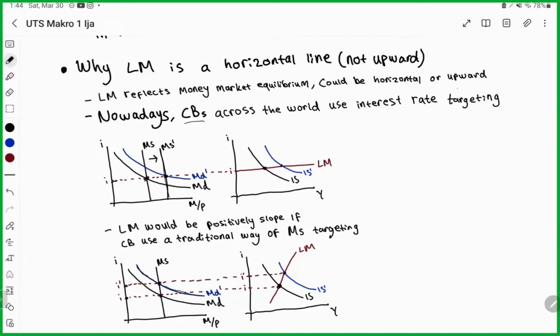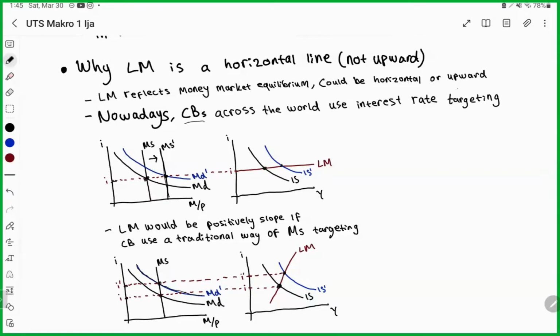What differentiates the shapes is the policy central banks use. If the central bank uses an interest rate targeting policy, then they will get a horizontal LM curve. However, if the central bank uses money supply targeting, then they will get an upward sloping LM curve.